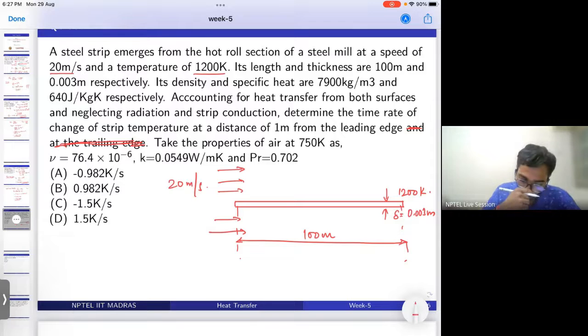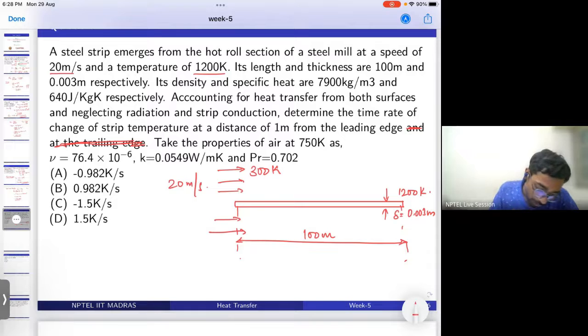The temperature of air we can consider as 300 Kelvin. I think it's not mentioned in the question, but you can consider it as 300 Kelvin. 300 Kelvin means like atmosphere, that is 27 degrees Celsius.